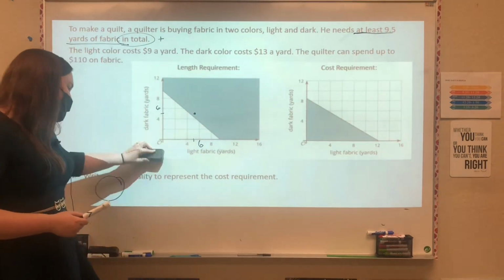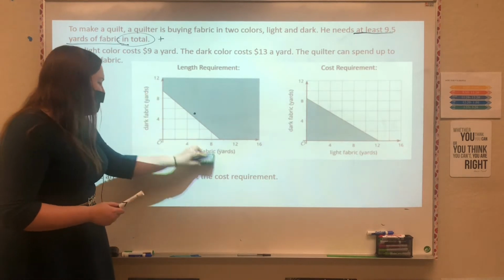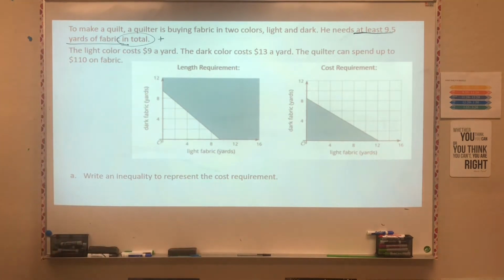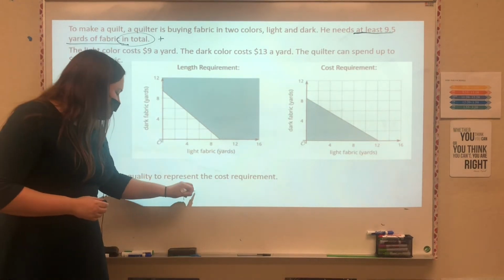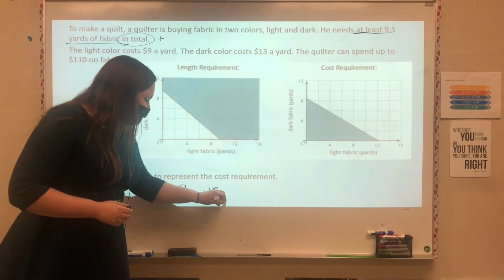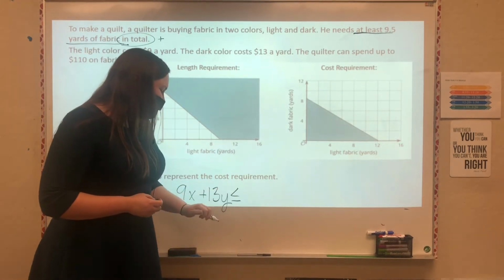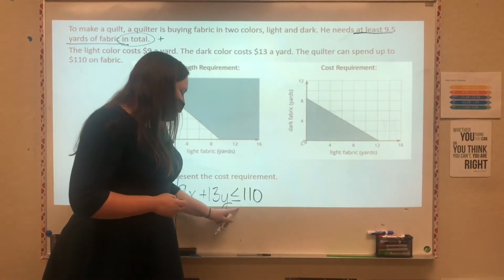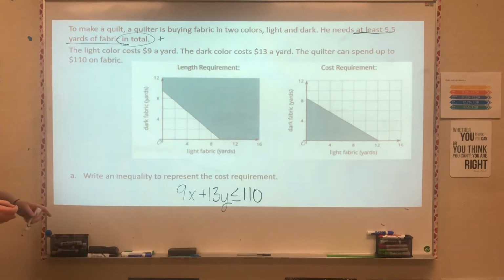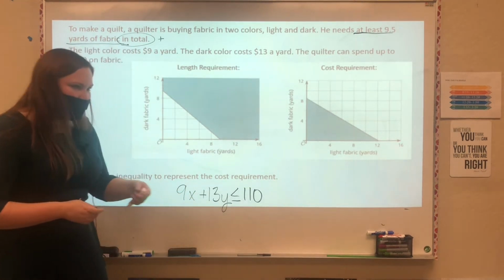So for the cost requirement, can we write an inequality to represent that? It would be 9x. So you'd already told me earlier the less than or equal to 110. Tell me where 9x and 13y are coming from.